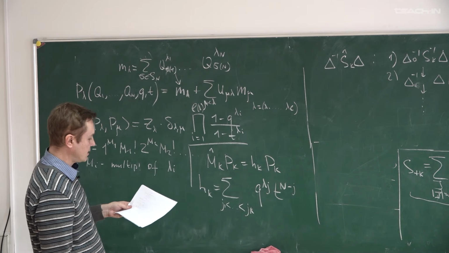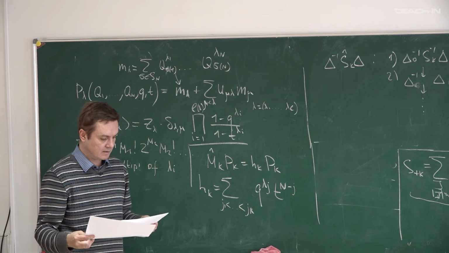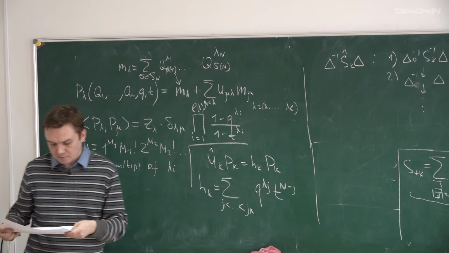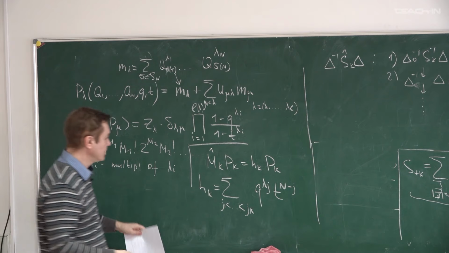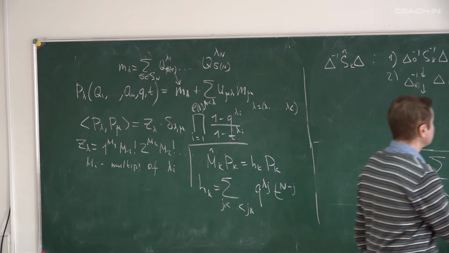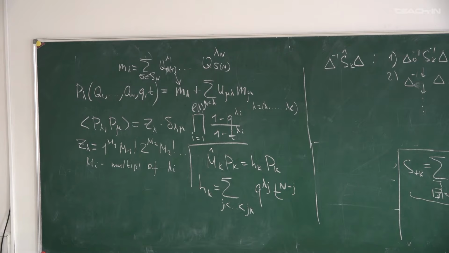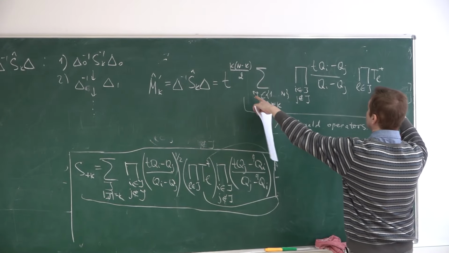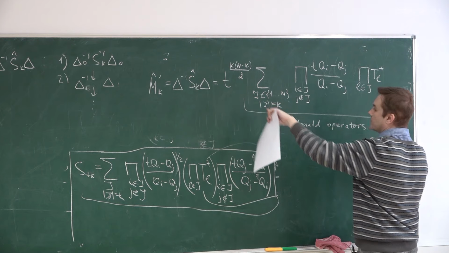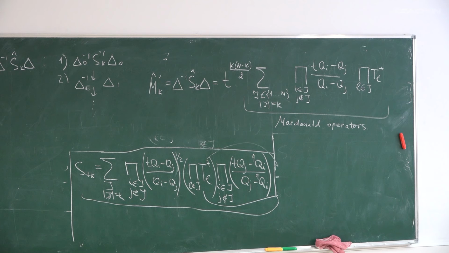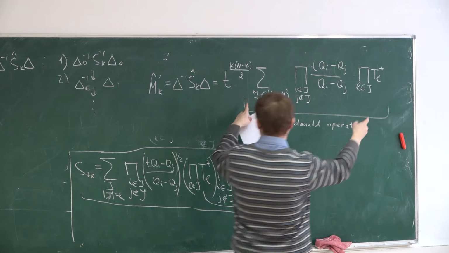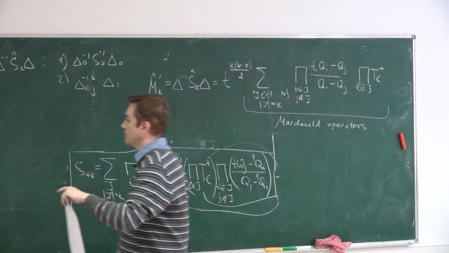So let us perform some simple examples. So you say this is the McDonald polynomial? No, McDonald operator. McDonald polynomials are eigenfunctions of McDonald operators. This is the McDonald operator without this factor.